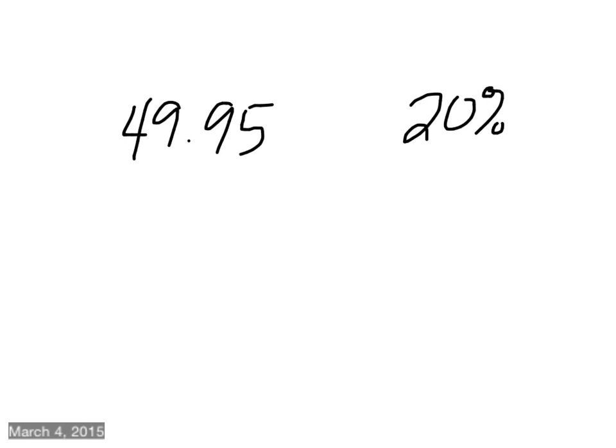Tomorrow it'll be warmer. A pruning saw costs $49.95, and the markup is 20% of the selling price. Dennis, what's the complement to 20%? 80. So I'm going to take that $49.95 and divide it by 80%.